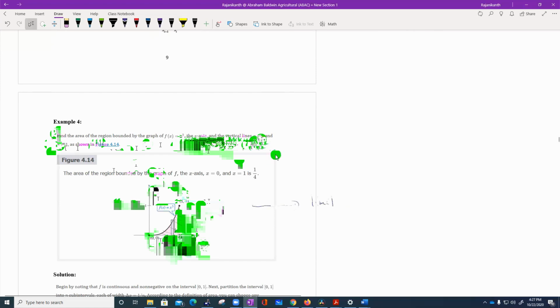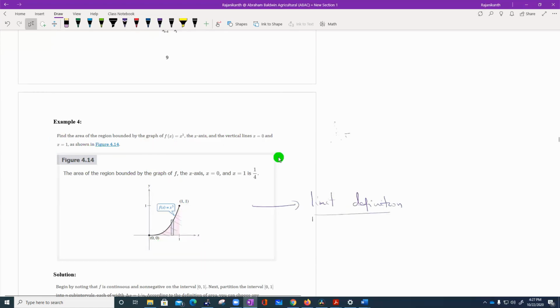So if you are asked to use the limit definition to find the area, you have to use that formula. Okay, so the area is given by the limit as n goes to infinity of the summation, i running from 1 to n, of the given function evaluated at any point ci times delta x.